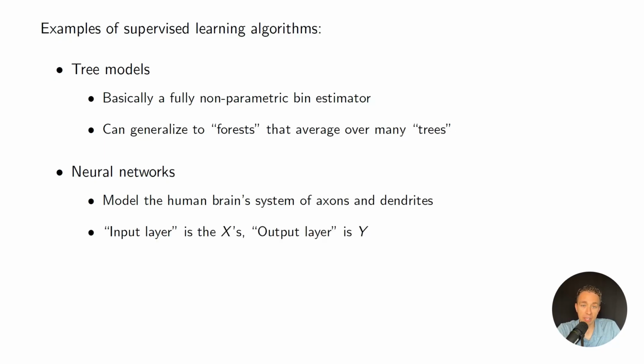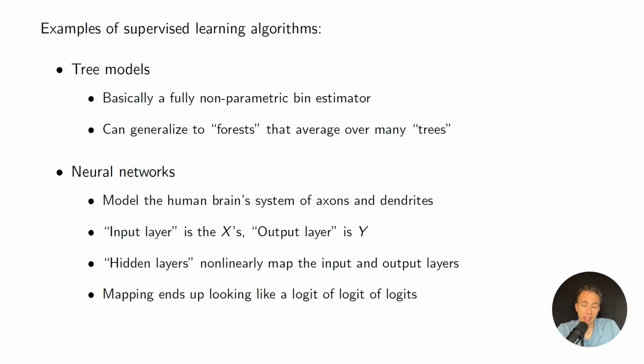And there's an input layer, which would be the x's, and then a bunch of hidden layers or intermediate layers that are arbitrarily connected to each other, and then an output layer, which is the y variable. And these hidden layers are going to non-linearly map each of the successive layers together.